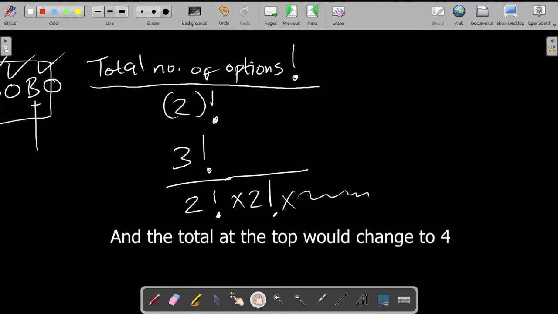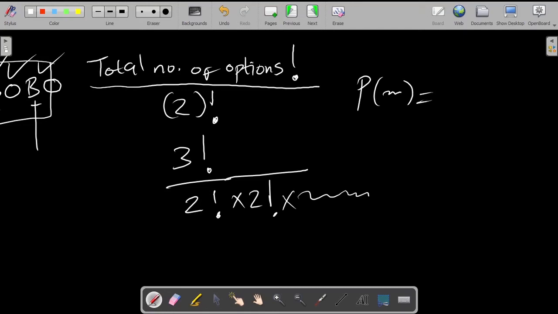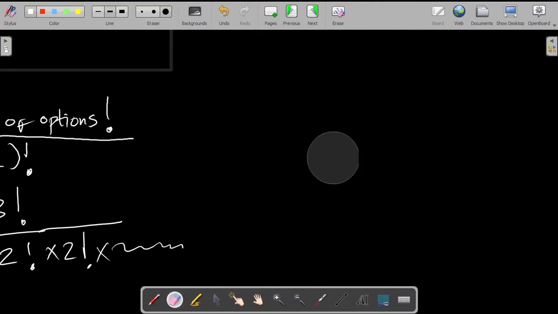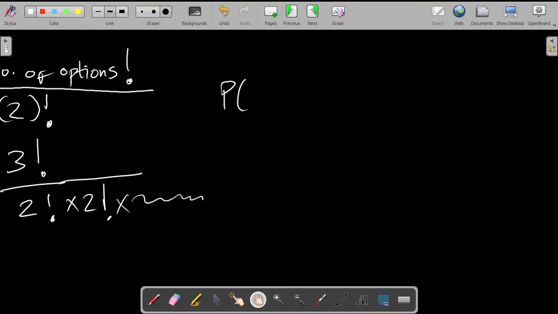And just as a reminder, when you compute the probability of something happening, you count the number of times that it happens divided by the total of the sample space, or the total of the different arrangements. So for example, a common question in this part of the syllabus asks, let's talk about BOB, what is the probability that the arrangement starts with B, right?